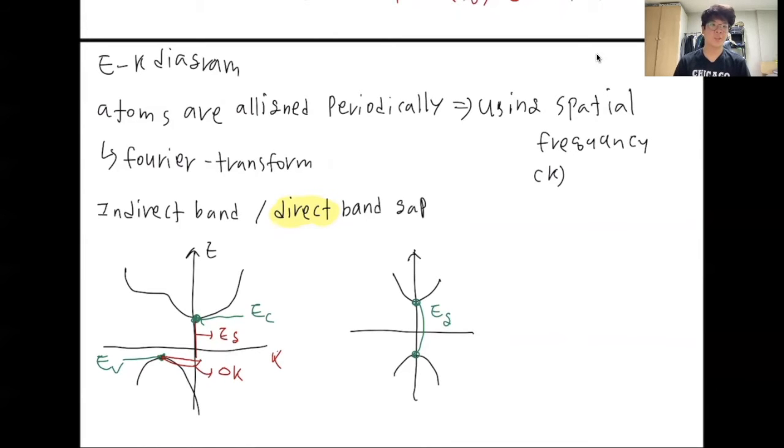In an indirect band gap, the valence band and conduction band are not aligned at the same spatial frequency, which causes excess energy to be emitted or absorbed. However, in direct band gaps they are aligned. The conduction band and valence band are aligned together in the same line, so it is more efficient for emitting, like in optical devices.